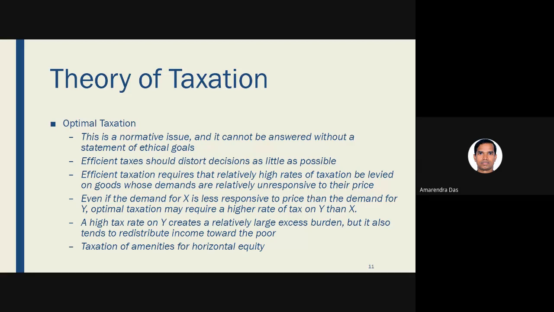Or with one objective function and one constraint, it becomes even much simpler to solve the equation. But when you have multiple objectives and multiple constraints, getting a solution becomes very difficult and complicated.